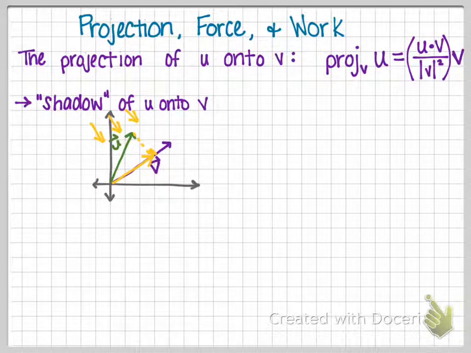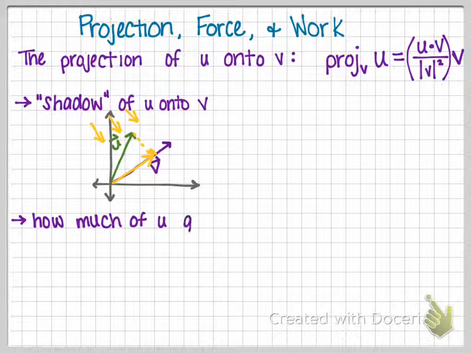So it's going to be a little bit different. So another way to think about it, it is how much of u goes on v. How much of vector u goes onto v. So that's pretty much what we're talking about.